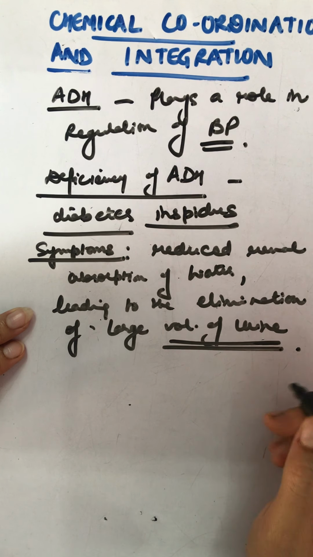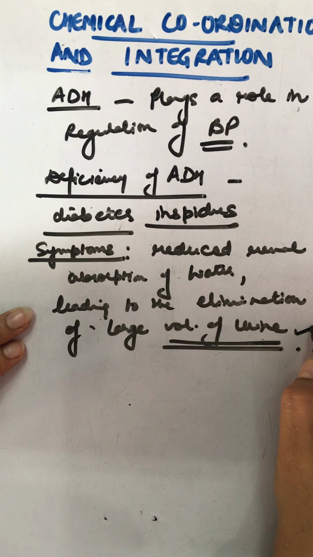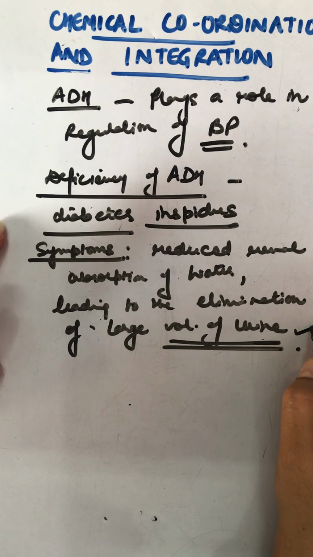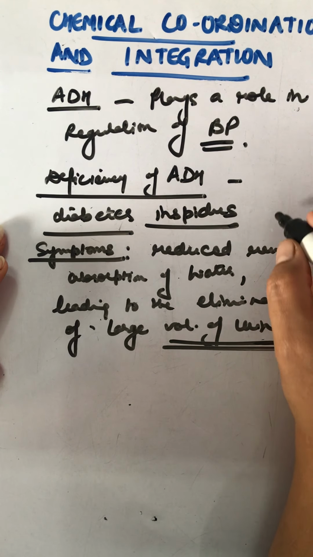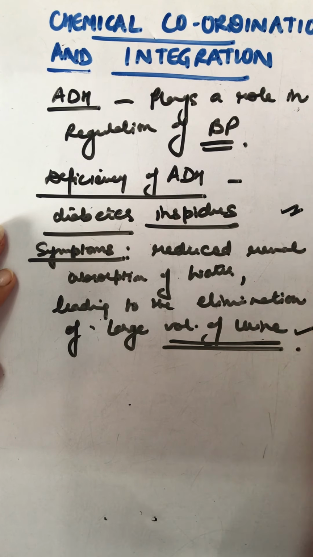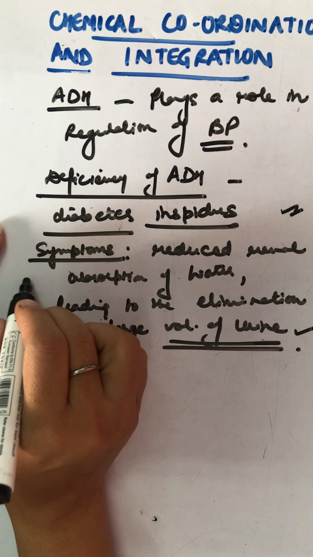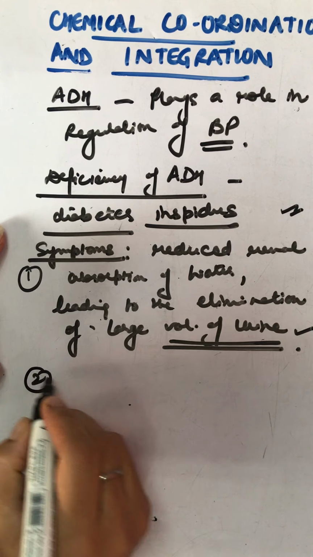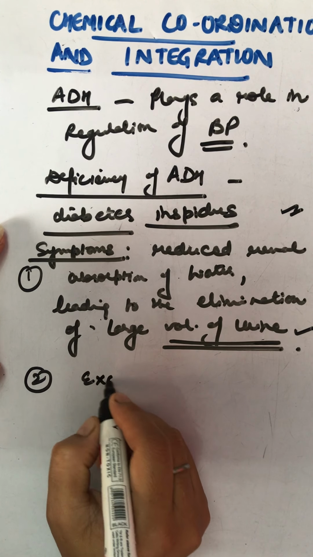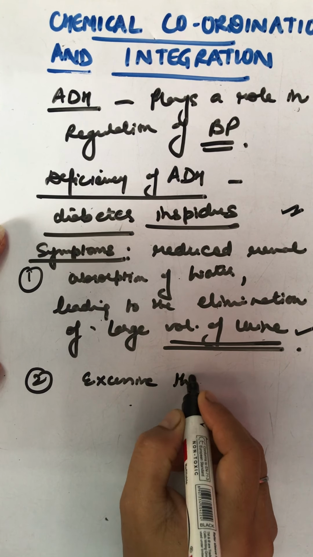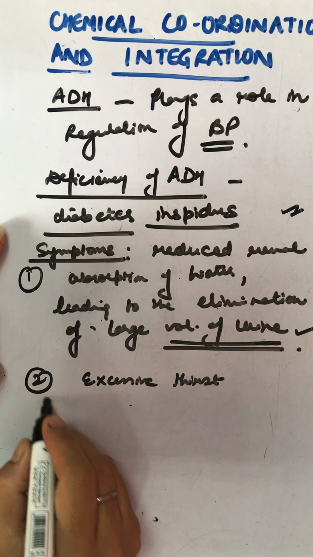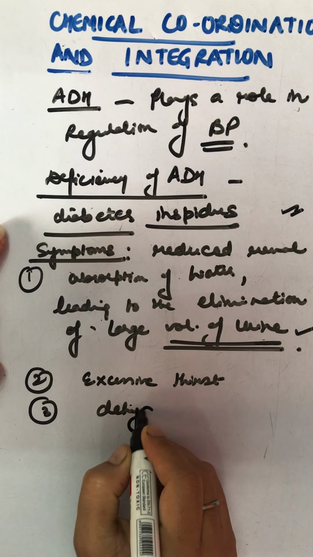Okay, large volume of urine is released if a patient is suffering from diabetes insipidus. This is the first one, which is quite prominent. Second one is excessive thirst, and third one is dehydration.